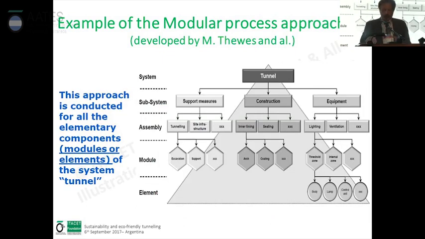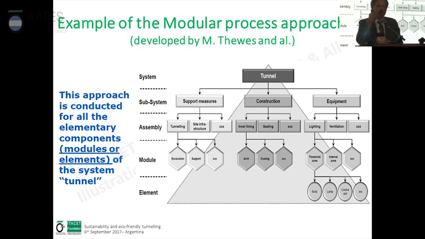To do that, when I think of a tunnel as a global object, I have to break it down into many subsystems, and progressively modules and elements. To be able to handle such a system, it has to be divided into small elementary elements.